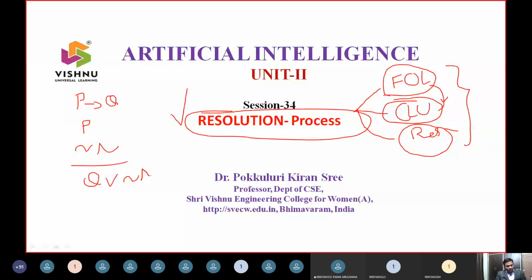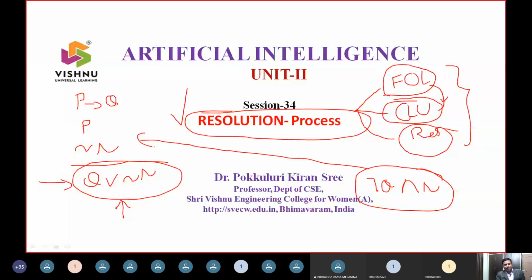When you wish to prove this inference, the first thing we do in resolution is take the negation of this part, like negation of Q and R. We combine that statement with these and then proceed. We'll see what exactly this is.